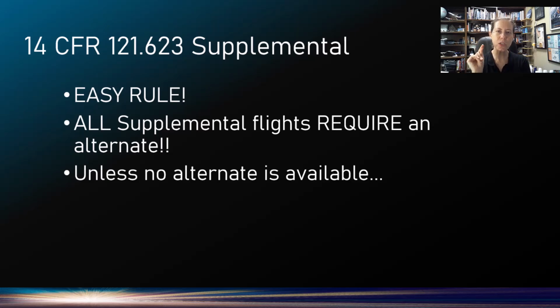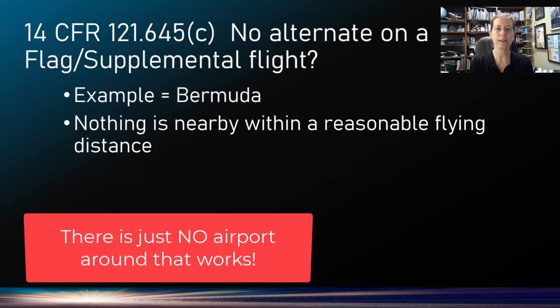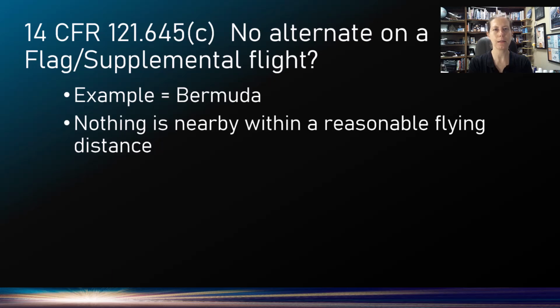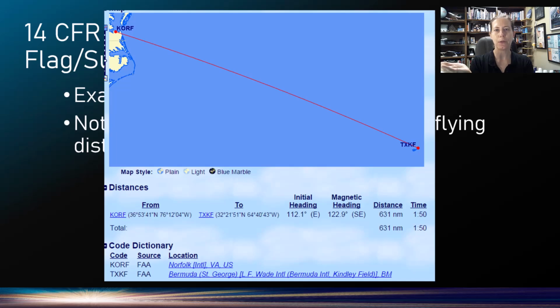The only exception is if there is no alternate available, because there's just plain old nothing around. Example, Bermuda. Nothing is nearby, and there is only one airport on the whole island of Bermuda that can accommodate an air carrier type aircraft. So there is how far it is from Norfolk, just so you can see it's very far away.